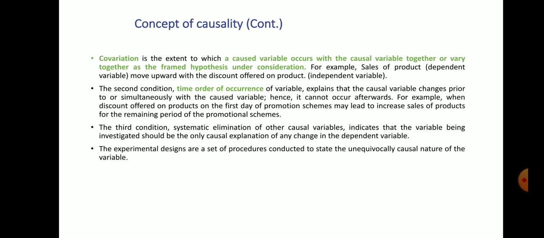Only one particular category is taken into consideration to study the specific dependent variable. And experimental design last. It is nothing but the set of procedures which lead to the structured method to understand the causality between the variables.